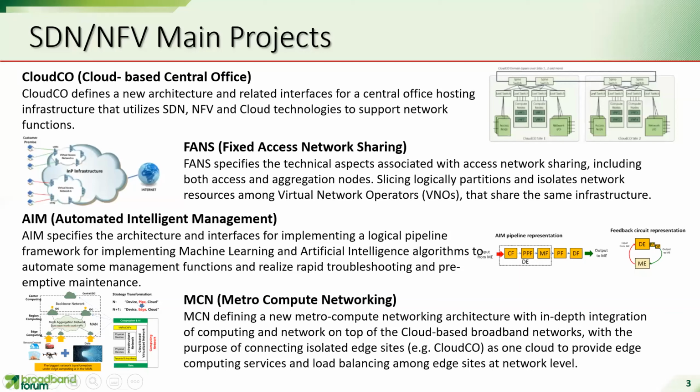Finally, we have the Metro Computing Networking project, where we're defining an architecture with in-depth integration of computing and network on top of the cloud-based operation networks, or cloud-based broadband networks, with the purpose of interconnecting isolated edge sites as one cloud to provide edge computing services and load balancing among the edge sites of the network.